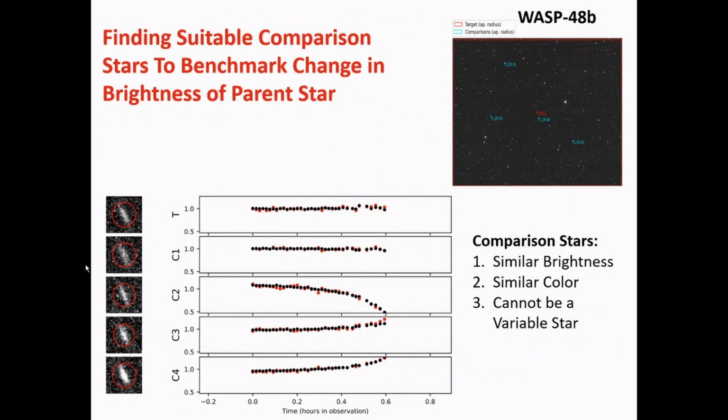Next, comparison stars. Because exoplanet transits are long, observing conditions will change during this time. So to account for these, I used comparison stars to benchmark the brightness. These comparison stars couldn't just be any stars. They had to follow three main parameters. First, they had to have a similar brightness to the target star. Second, they had to have a similar color to the target star.